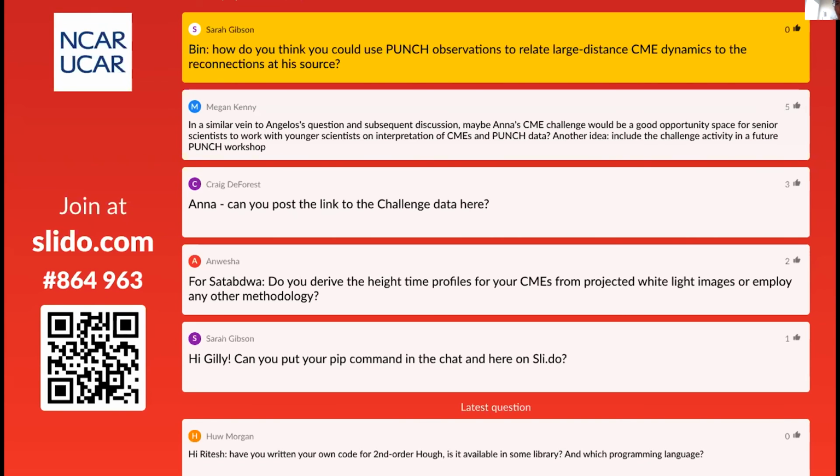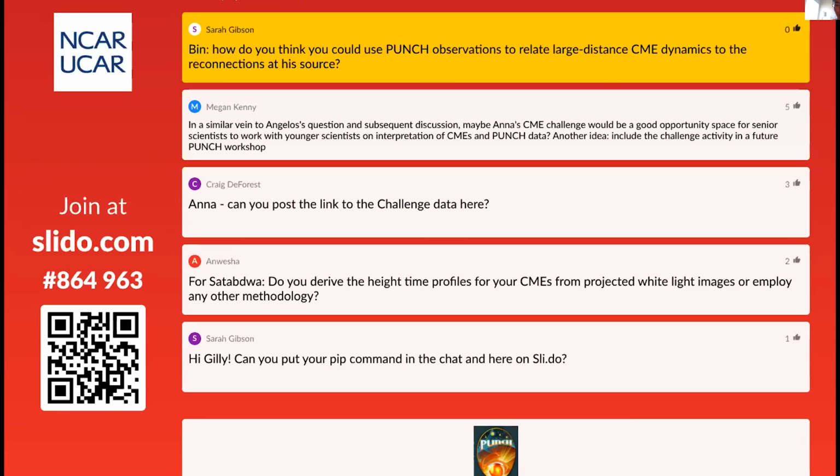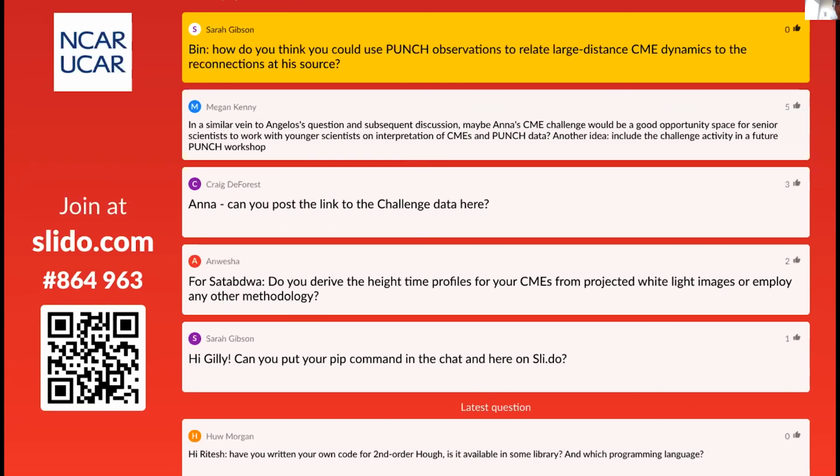And now with the combination of STEREO and the L1 point observations, it may be better to link the whole evolution together, especially in the high corona or even in interplanetary space. Previously we used STEREO HI, and we wanted to use STEREO observations to see when the acceleration will stop, and we could find only very few events.